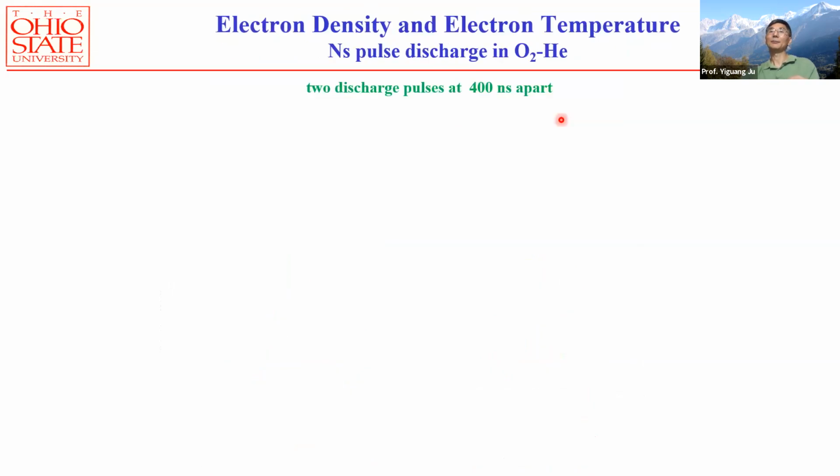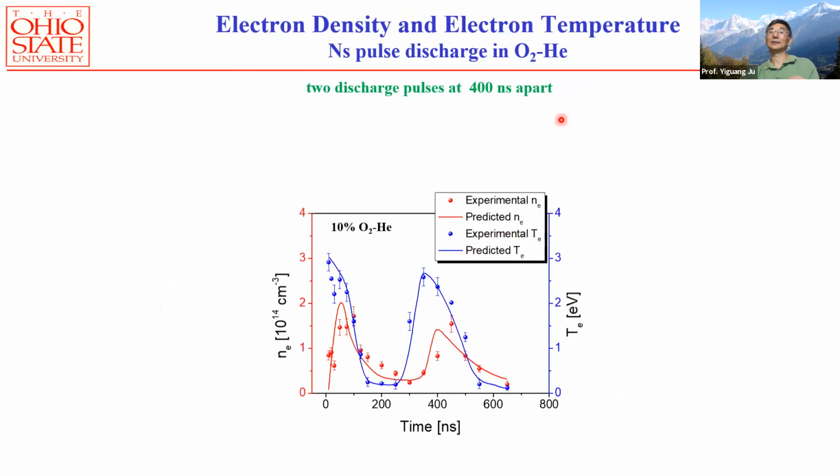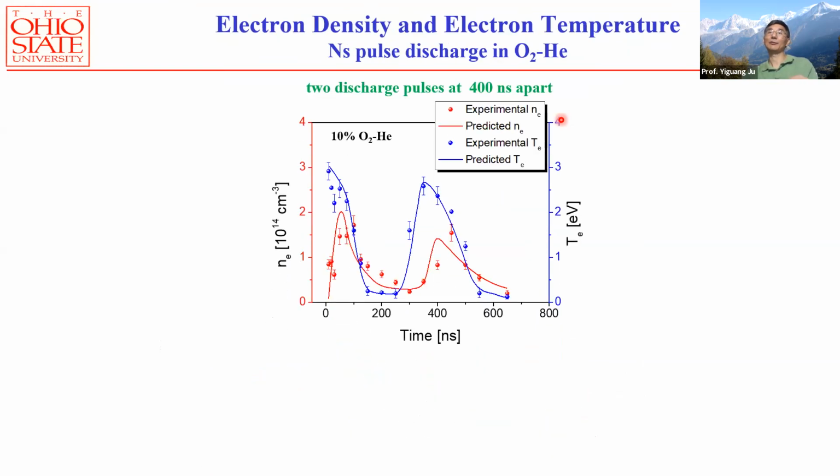They also measured multiple pulses. He measured 2 pulses: you have 1 plasma discharge, and another one separated by 400 nanoseconds.